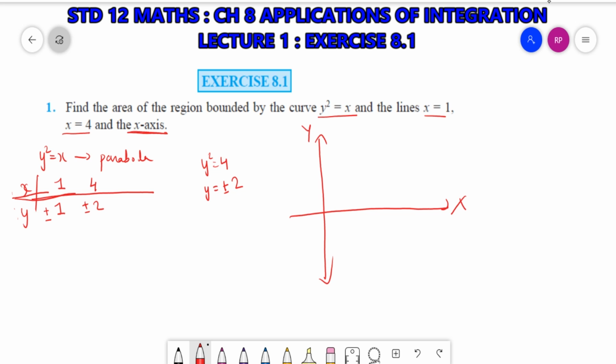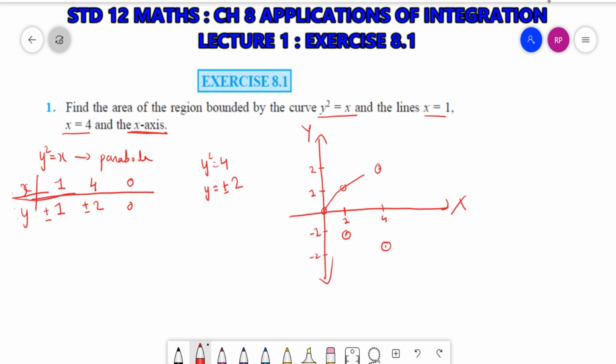Okay, so when I take x equal to 1, y is equal to plus 1, minus 1. So this is the point, this is the point. When I take x equal to 4, y will be equal to plus 2, minus 2. This will be the point, this will be the point. When I take x equal to 0, y will be equal to 0. So this will be the point.